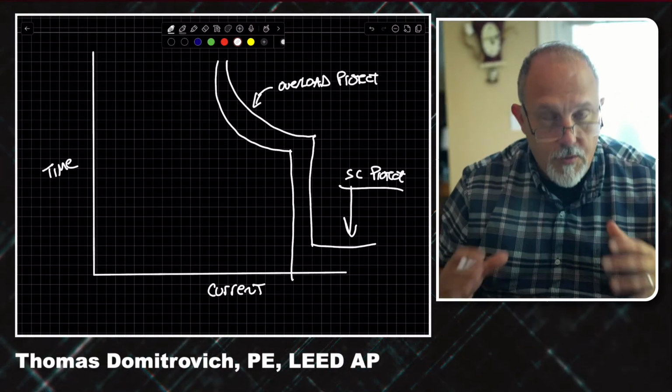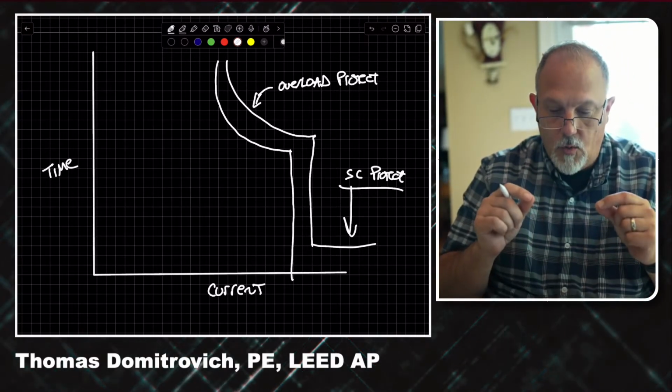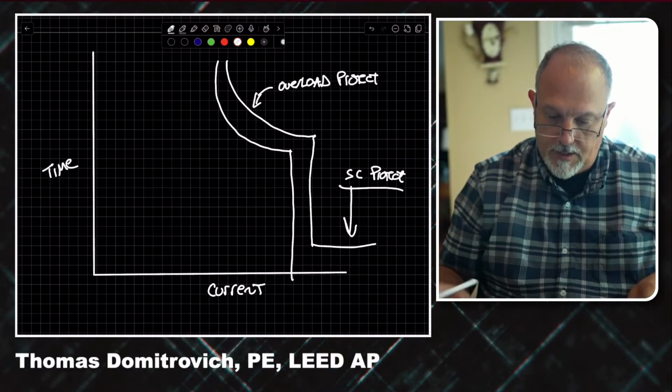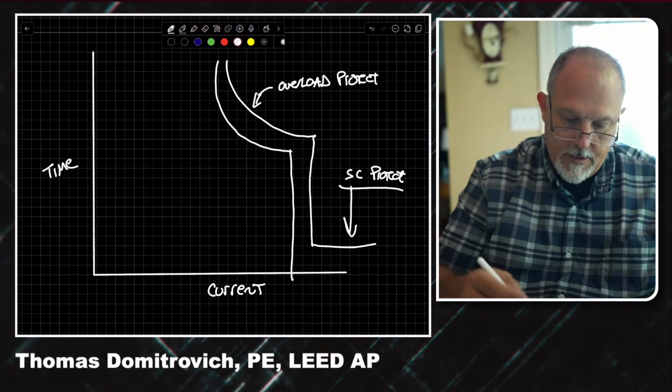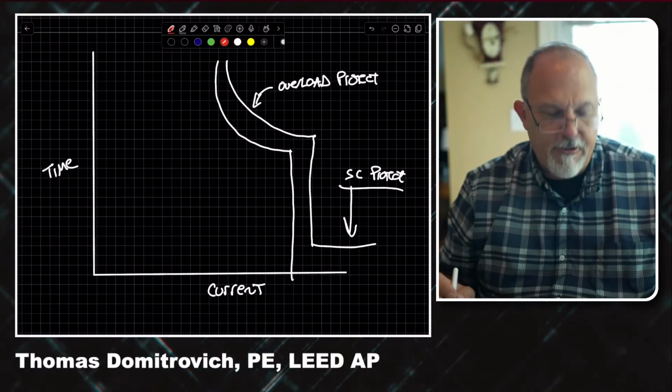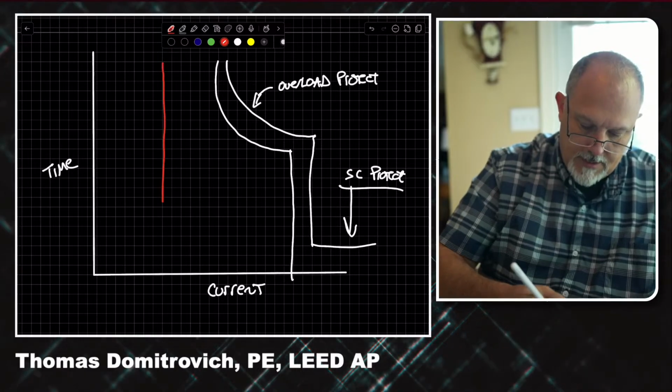This is an OCPD. What a motor circuit protector is, I'm going to draw it side by side. And I'm going to draw the motor circuit protector in red. A motor circuit protector looks something like this.